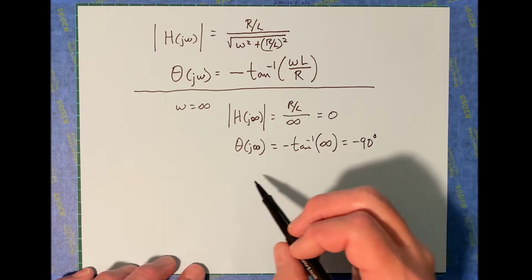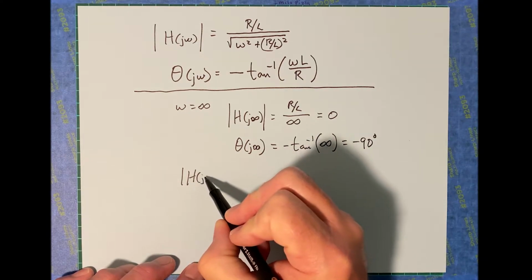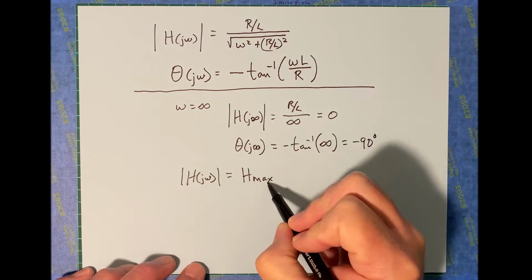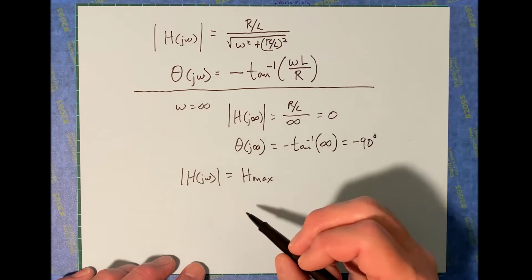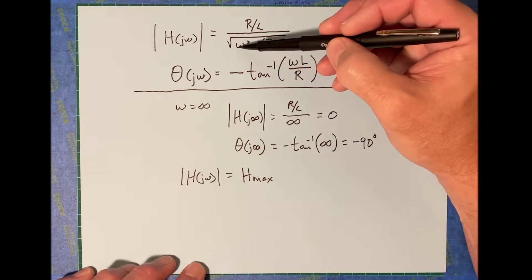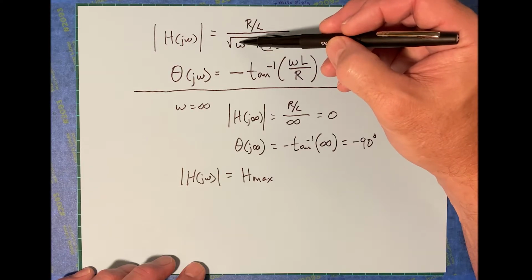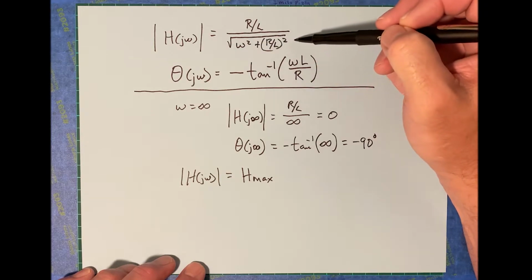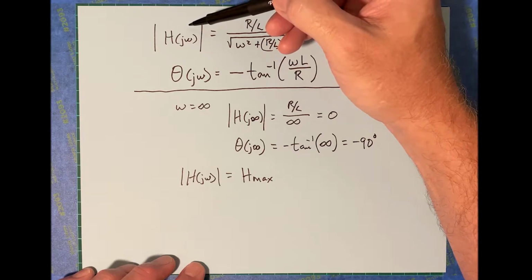All right, well, where then is the magnitude of the transfer function equal to its maximum value? Well, look back here. Its maximum value is going to occur when the omega down here is 0, because then this denominator is as small as it can possibly get, which makes the magnitude of the transfer function big.